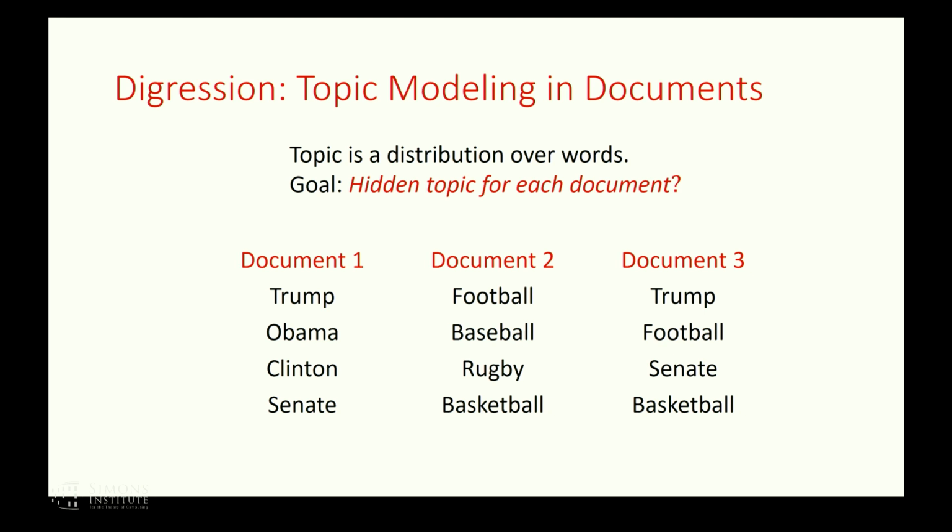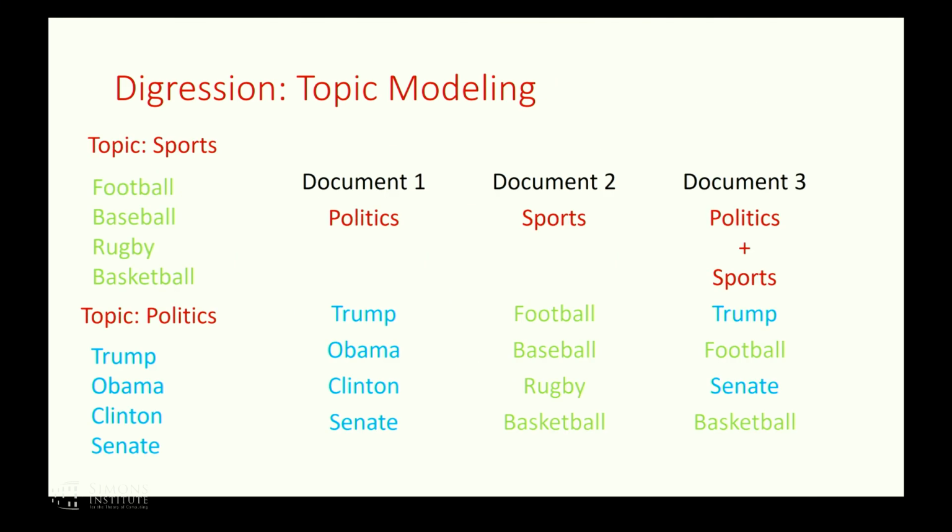In the topic modeling problem, you're given multiple documents, and you have to figure out what topics generated these documents. So obviously, this is probably politics. This document probably is about sports. And this is probably a mixture of politics and sports. This is a very famous algorithm that Andrew Ng, Michael Jordan and David Blei studied.